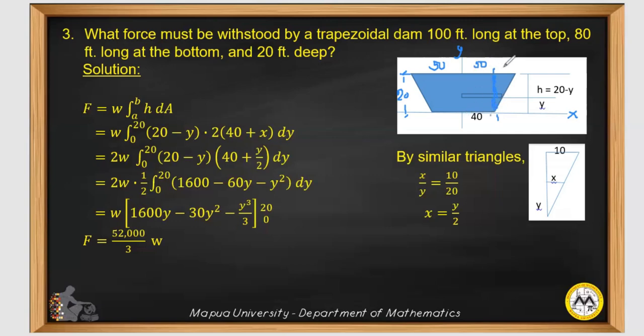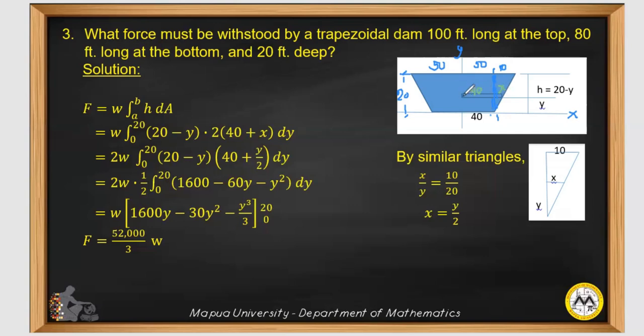This must be 40 also. Hence, this part is 10. And we will let this portion be x. Therefore, the length of this element on the first quadrant is equal to 40 plus x.